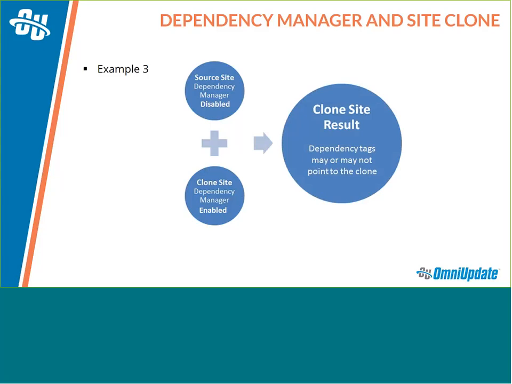So you could potentially have dependency tags that pointed to the clone, but if you had any links that were scanned within the clone site that were not in Dependency Manager initially, then those would point to the source site as desired. So again, just highlighting the best case scenario would be if they're both enabled, but this is the behavior if you happen to have the source site having Dependency Manager disabled and the clone site enabled.